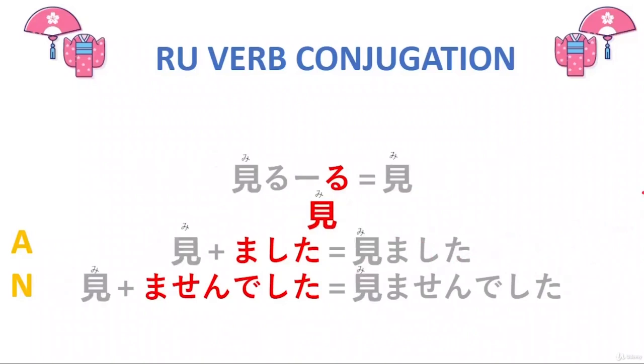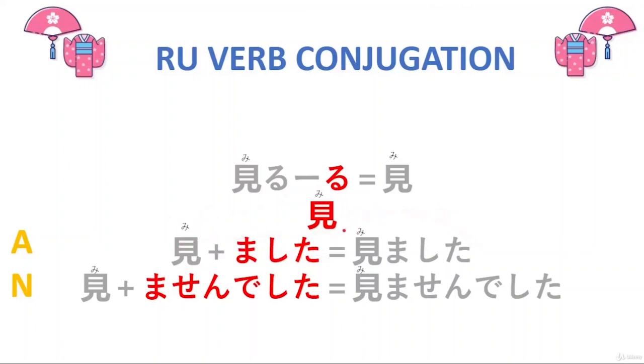Now let's take a look at our verb miru, to look, to watch. Because it's a ru verb, we take away the ru and we have our word stem mi. To make past affirmative, to mi we need to add mashita. So we will have mimashita.